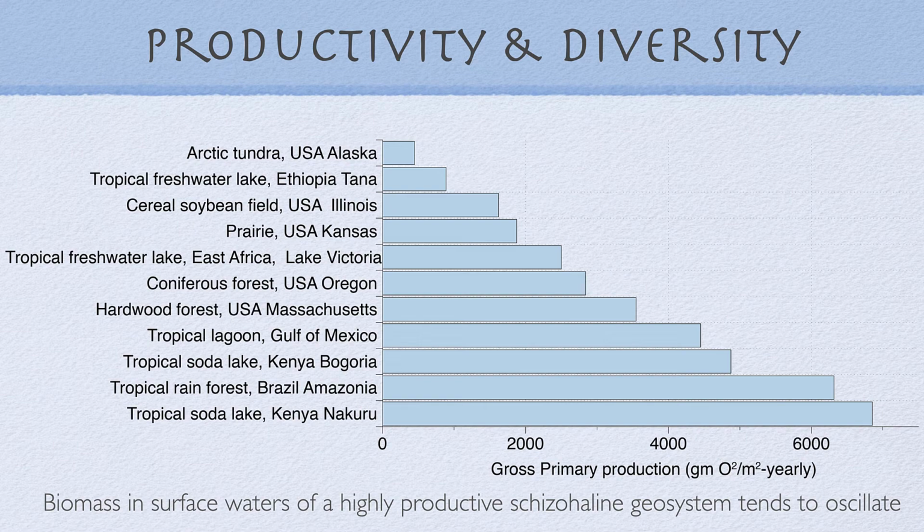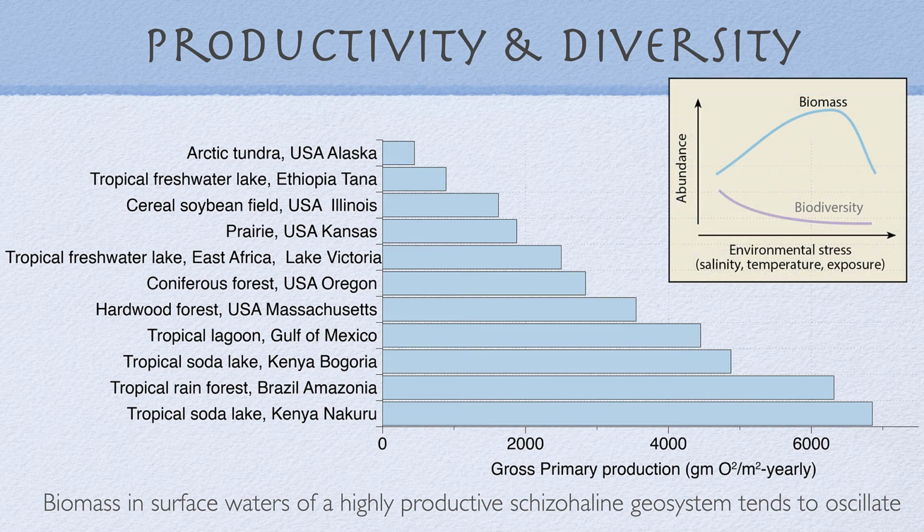So in any schizohaline geosystem, the biomass levels tend to fluctuate. And this is an underpinning of one of the main reasons why we see such good levels of potential source rock development in many saline environments, both modern and especially in the past, at times of platform and basin-wide evaporites.